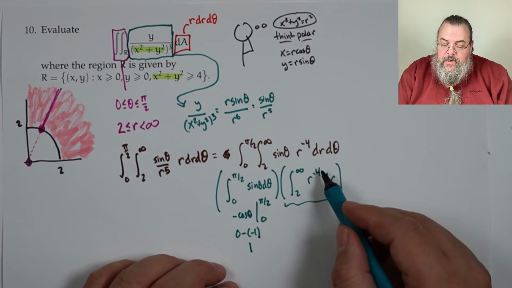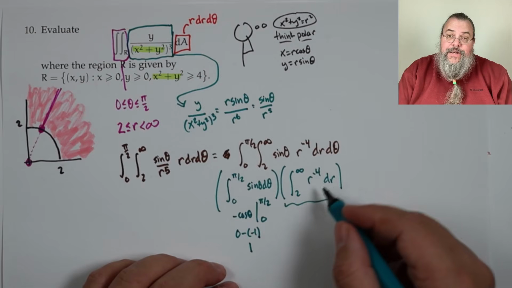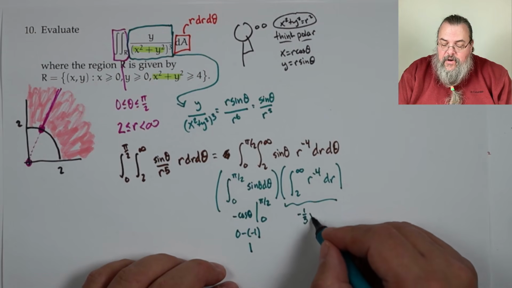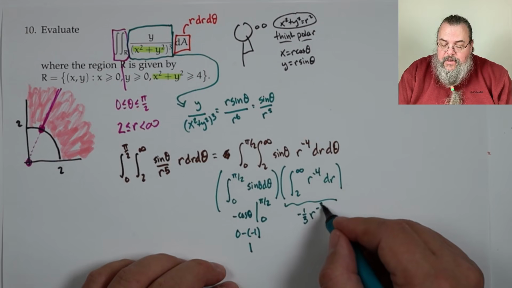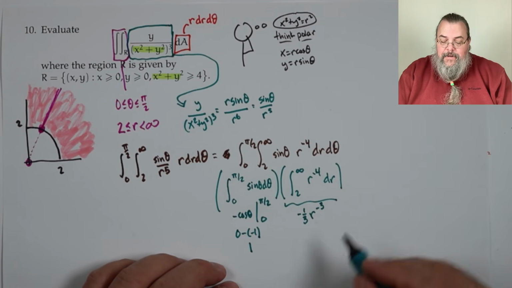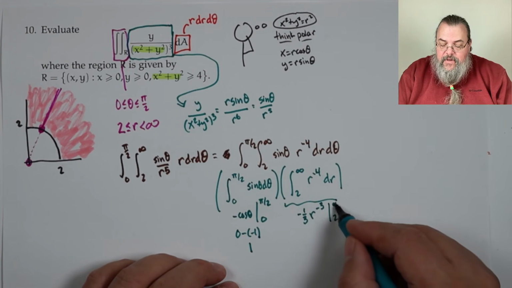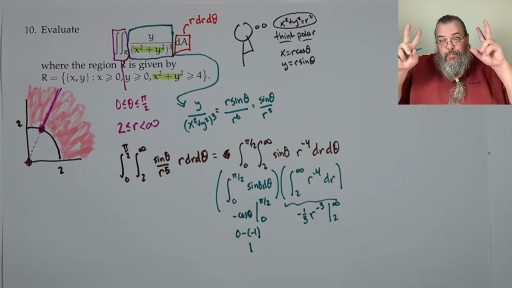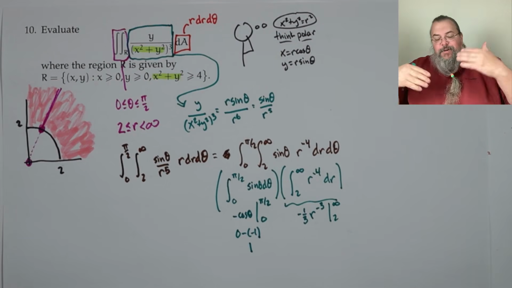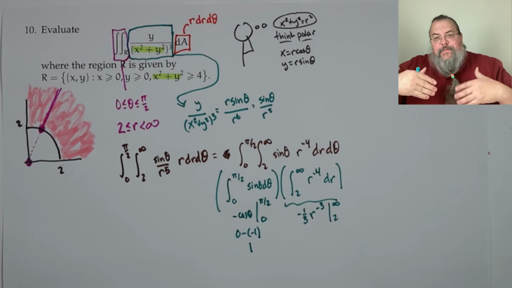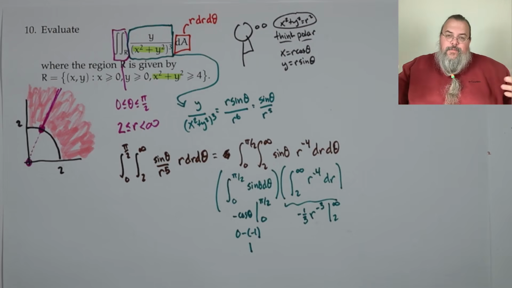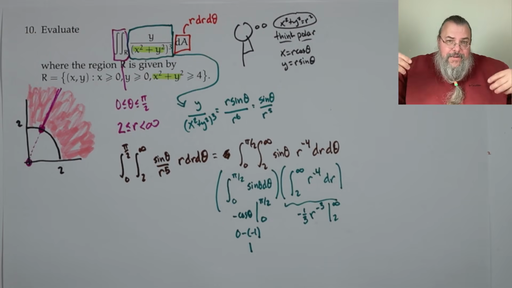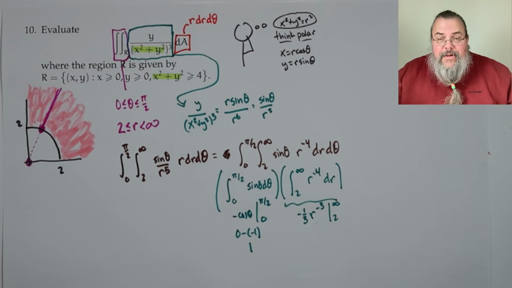Well, add 1, r to negative 3. Divide by that, so you get negative 1/3 r to the negative 3, evaluated from 2 to infinity. Now, when you plug in infinity, what does it mean? If r is really big, r to the negative 3 is really small. So if you think of r heading to infinity, you get something heading to 0.